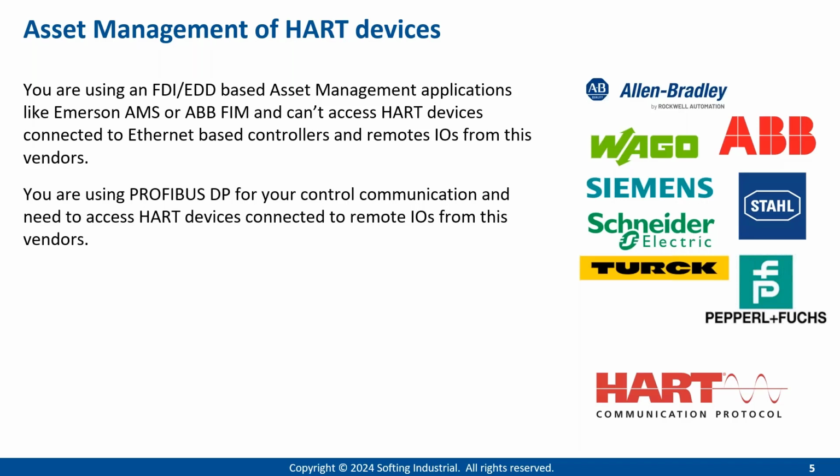Or you have a PROFIBUS DP communication between the controller and remote IOs, again of these vendors you see on the right side. You need to access the HART devices connected to these remote IOs with your asset management application, either FDI, EDD-based or DTM-based.